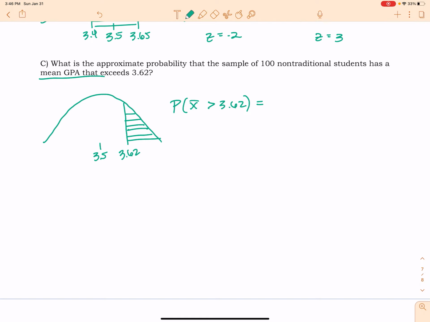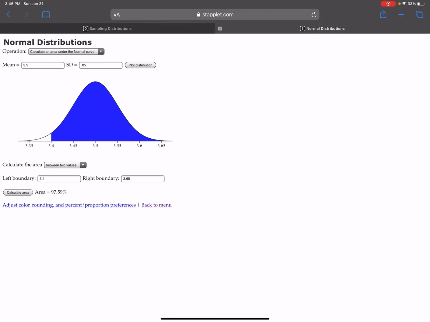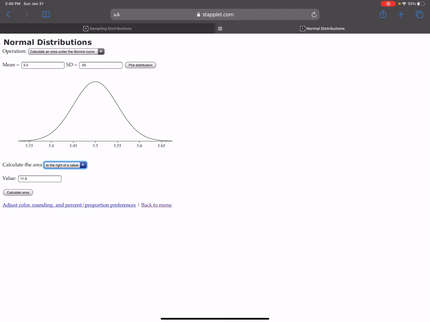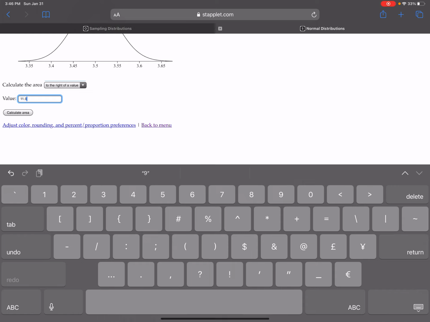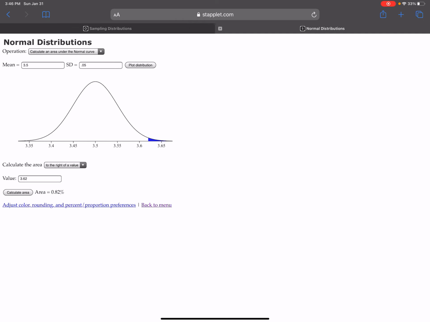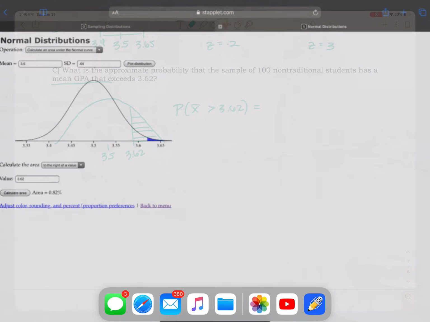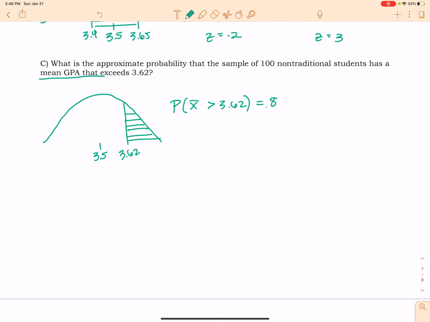And then again, I'm just going to go to Staplet. And this time I want the area to the right of 3.62. We get 0.82%, or 0.0082. So not very great.